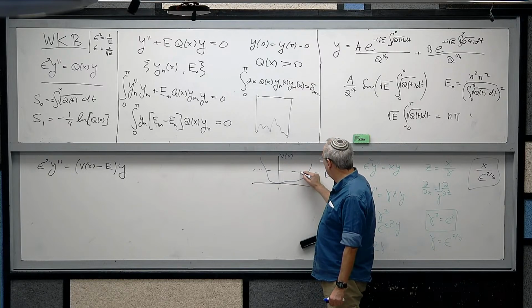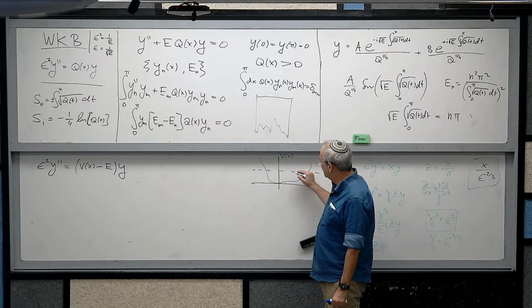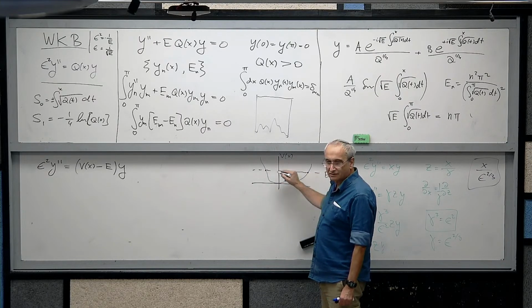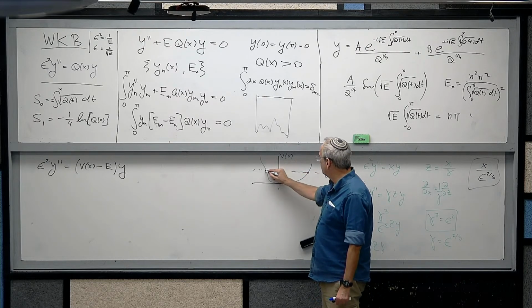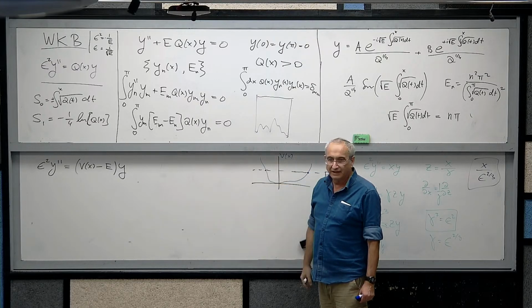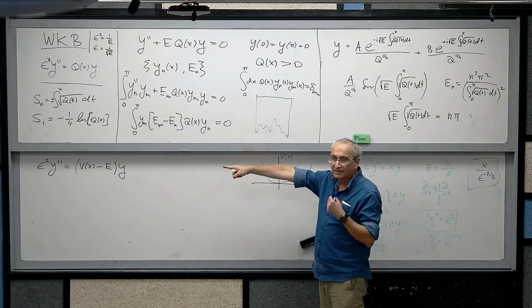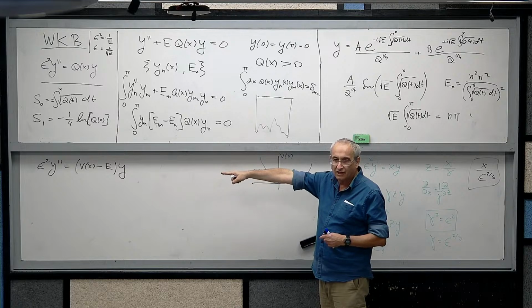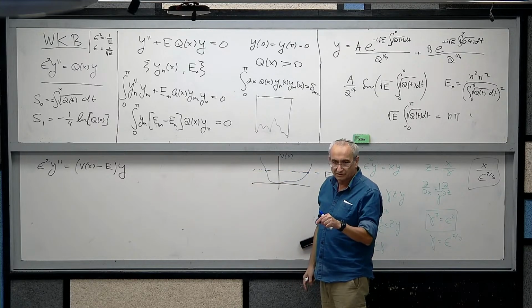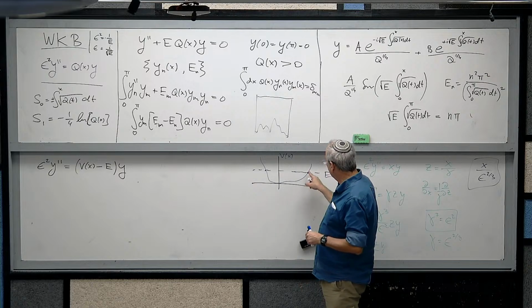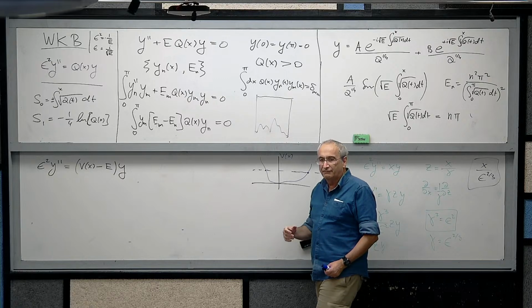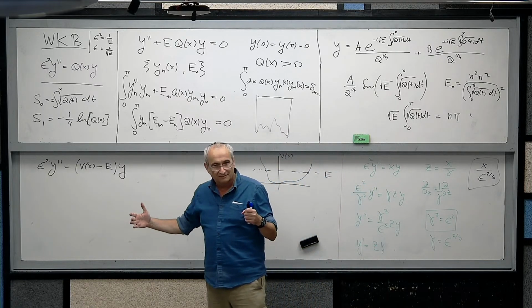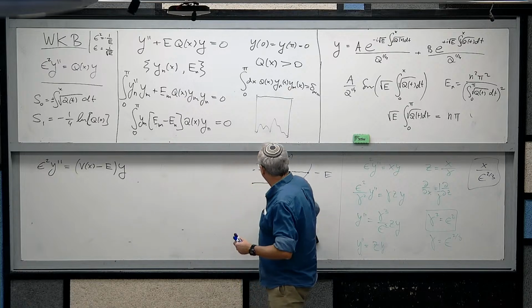It will move to here, where the kinetic energy is 0, and it turns back and goes to here, and so on. The points in which E is equal to V are the turning points of the classical motion. A classical particle cannot visit outside of them.